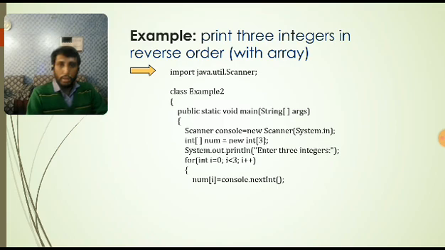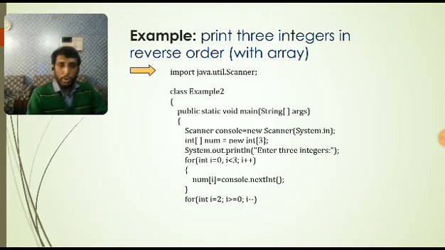Then through the console we are accepting all these 3 values into num[i]. So this num[i] will hold 3 values that will come from the for loop, and once they are accepted, we are supposed to display them.